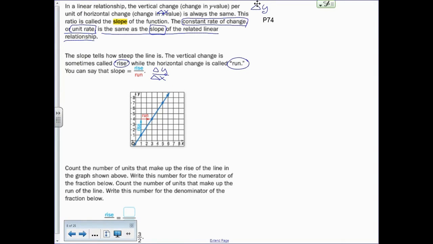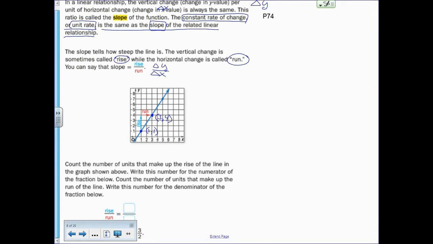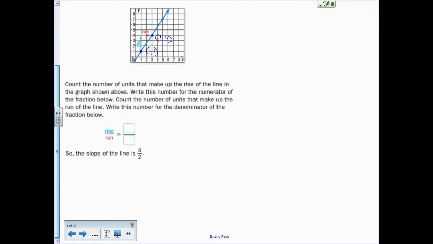So take a look at this graph here in the middle. We can see that they have marked 2 points on the graph. One of those points is at 1, 1. Another point is at 3, 4. In order to find the change in y over the change in x, we would look at how it rises up.